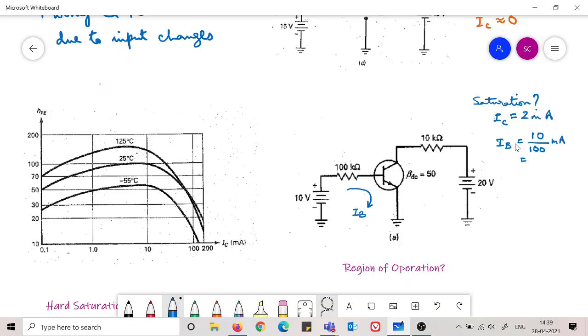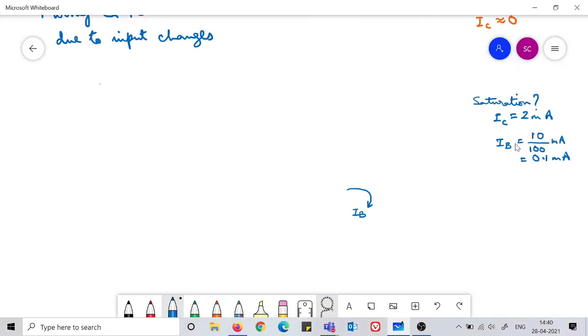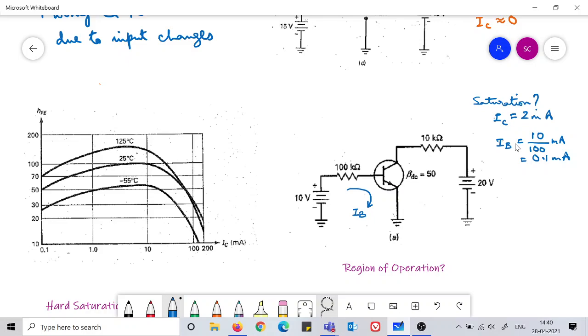So this means 0.1 milliamp. If it is working in the active region, then IC will be beta times this IB.